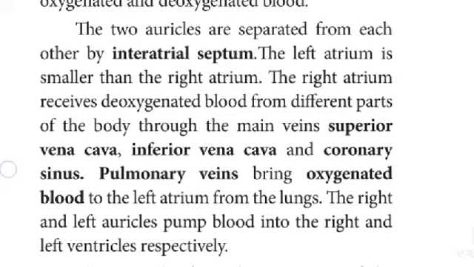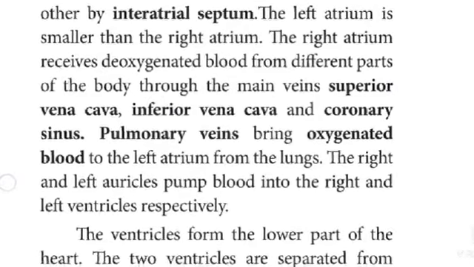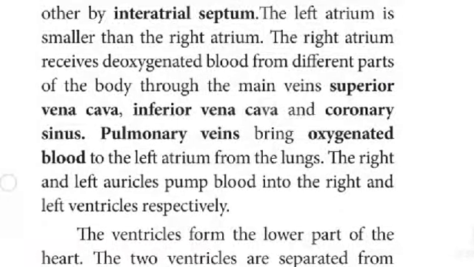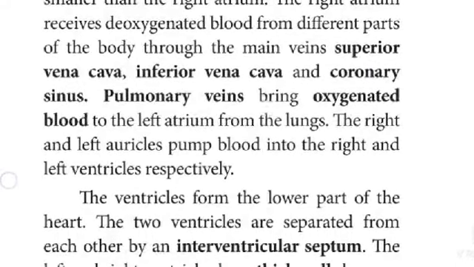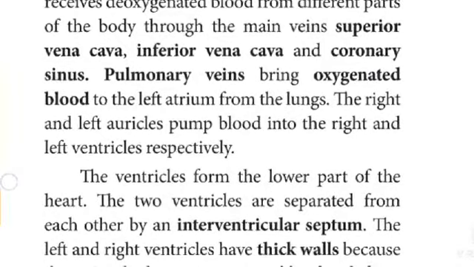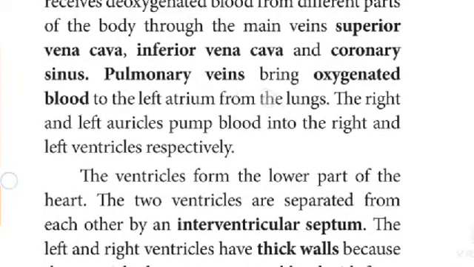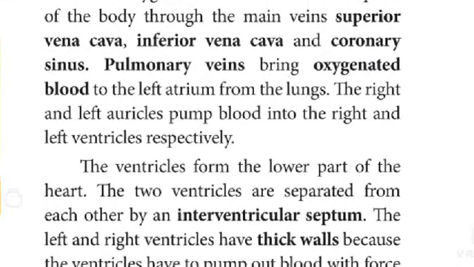The right atrium receives deoxygenated blood from different parts of the body through the main veins: superior vena cava, inferior vena cava, and coronary sinus. Pulmonary veins bring oxygenated blood to the left atrium from the lungs.